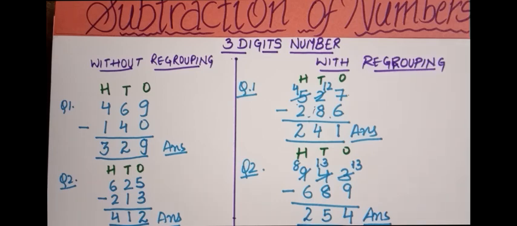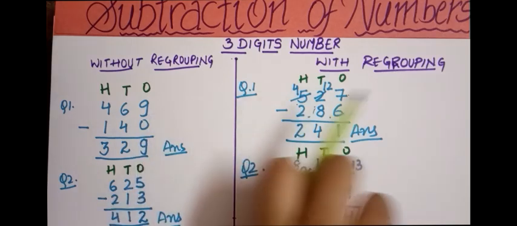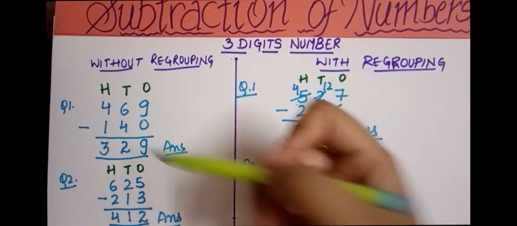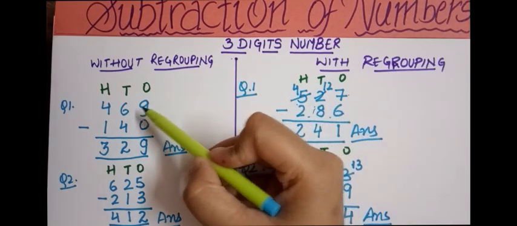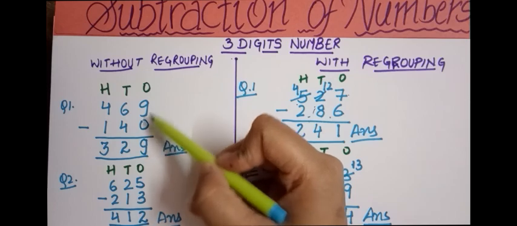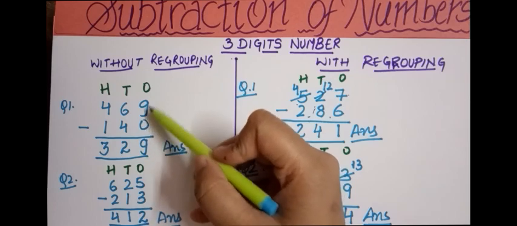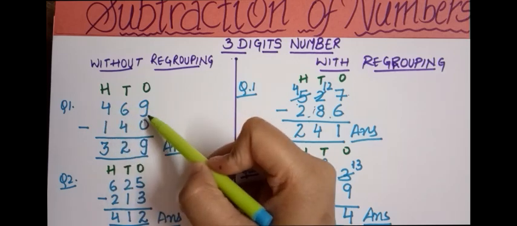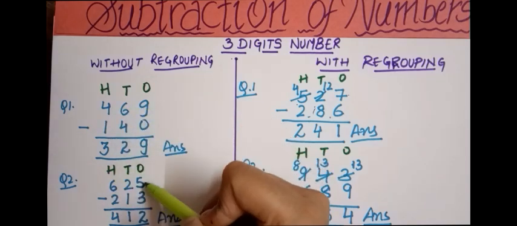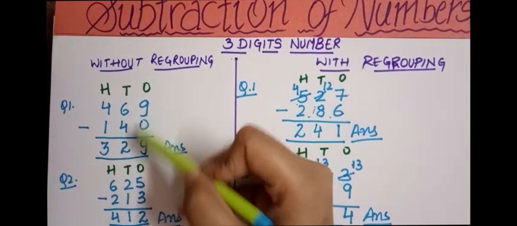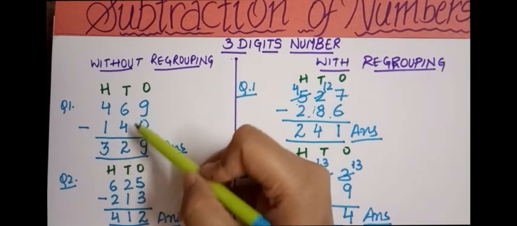So in this we have done both the methods, without regrouping and with regrouping. So the difference between both is, when the upper number is bigger and the down one is smaller, then there is no need to take borrow. See here, all the numbers which are at the top are bigger, and the numbers which are down are smaller. So there is no need to take the borrow.